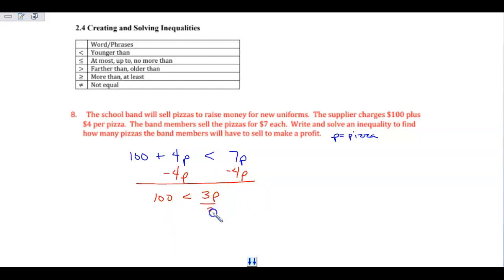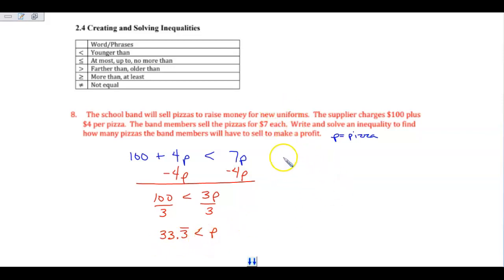And I'm going to divide both sides by 3. And this is going to give me a repeating decimal. So 33 pizzas before profit.